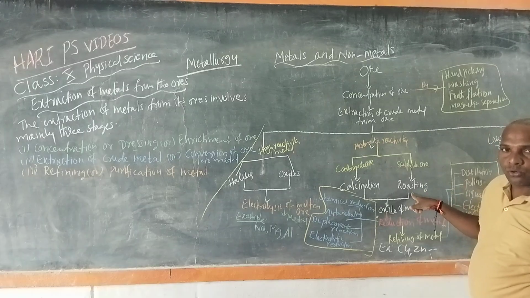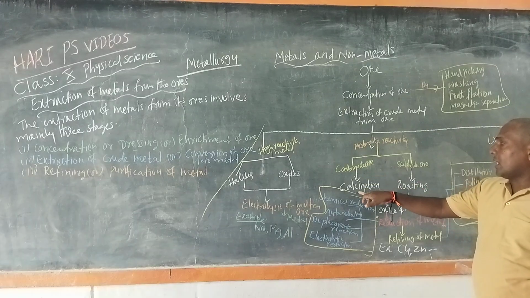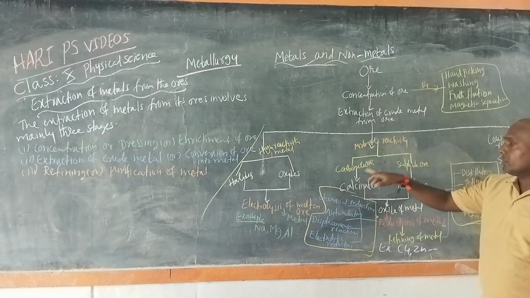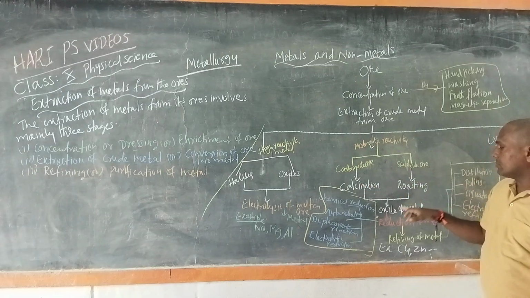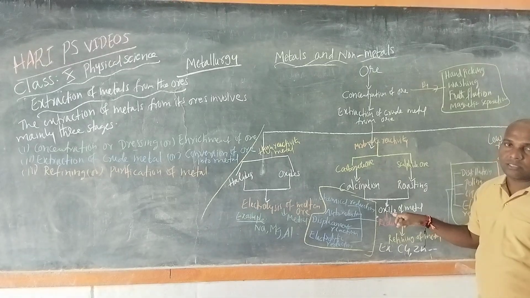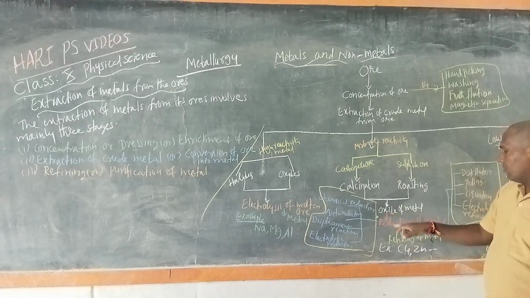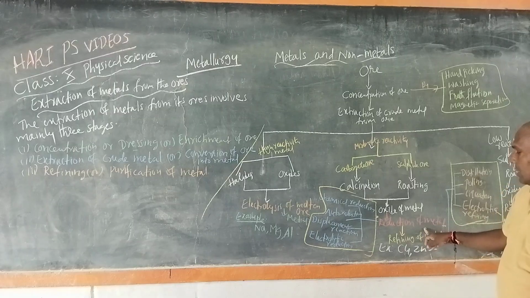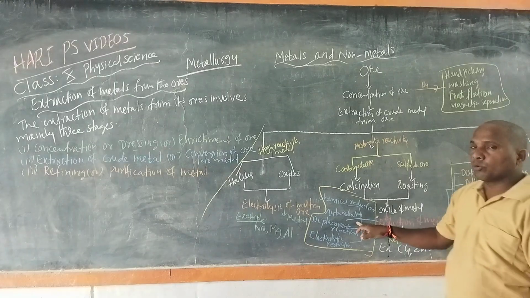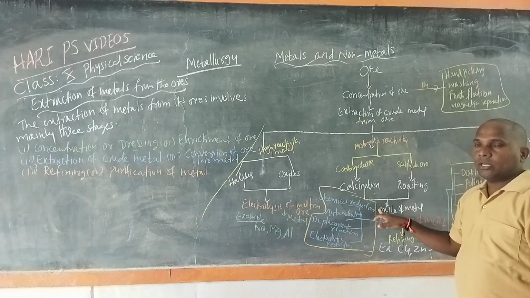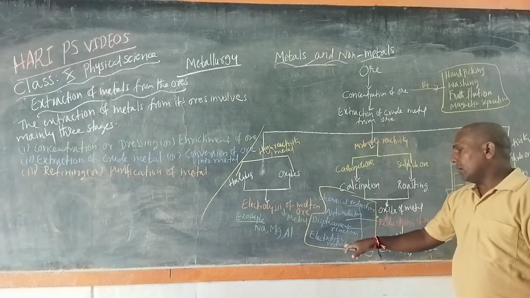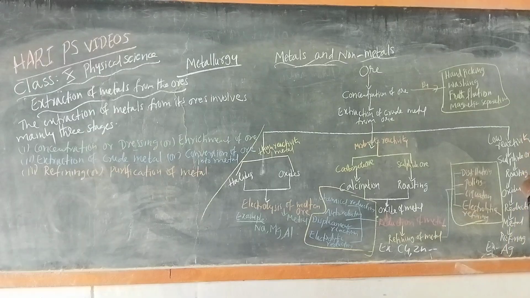By calcination and roasting, carbonate ores and sulfide ores form their respective oxides of metals. These are then involved in reduction of metals. Reduction takes place by four methods: chemical reduction, auto reduction, displacement reaction, and electrolytic reduction.